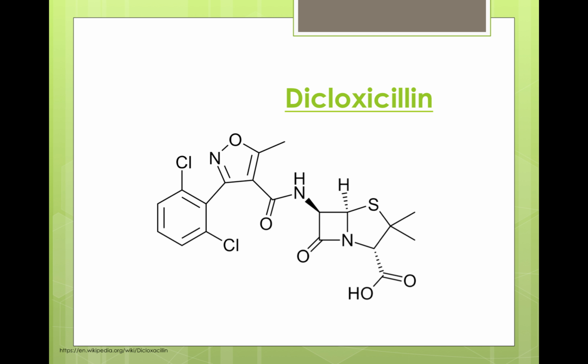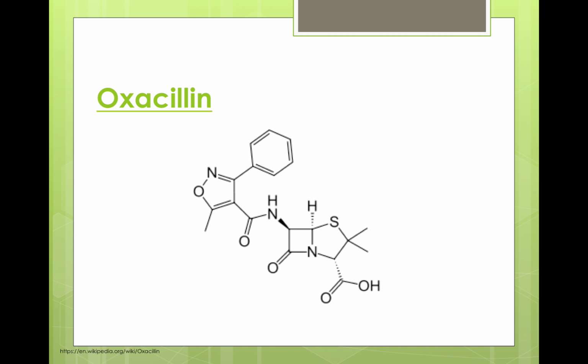And then dicloxacillin, which is another one. Still, they all have the beta-lactam ring. And this has a dichloro attached to the benzene ring, and then this substituent group right here. And then the last one that we'll look at is oxacillin, which again still has the beta-lactam ring, and it has that same kind of NO ring with the phenyl ring attached to it right there.